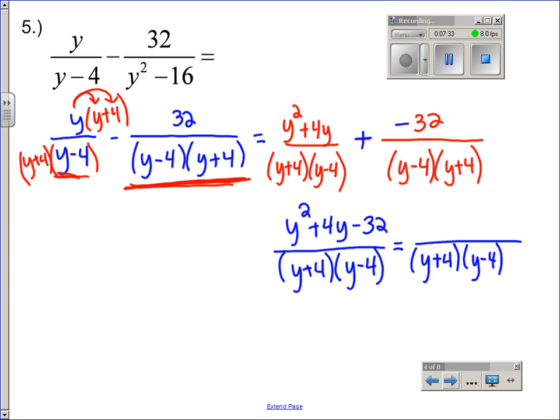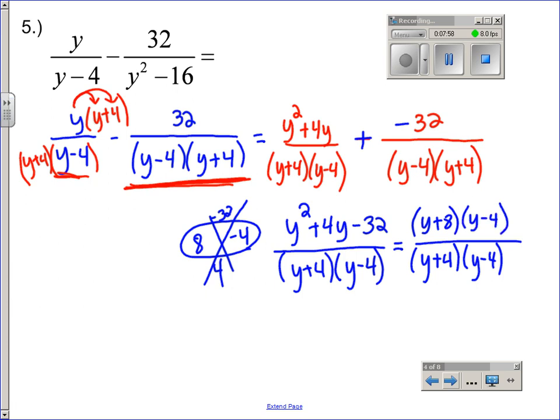So we're going to look at y squared plus 4y minus 32. So we need it to multiply to give me negative 32, but add up to a positive 4. So we need an 8 and a negative 4. So now that's what we're going to use. So we have y plus 8 and y minus 4.